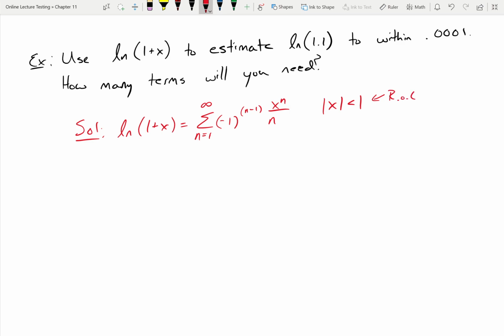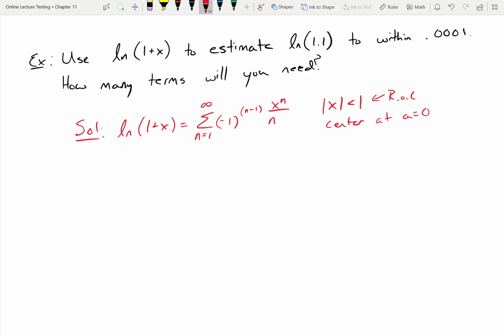So this means, if we look at the formula, x to the n tells us the center is at a equal to 0. All right. So since we're within 1 of this, say 0.1, notice that our value is not going to be that bad.